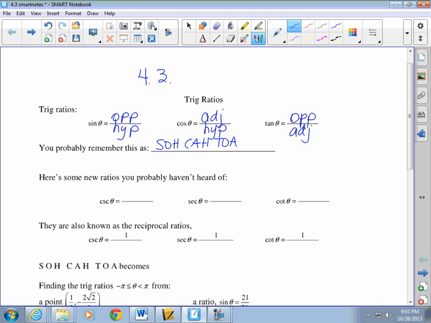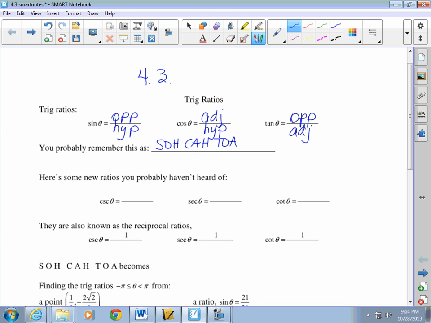Some new ratios, and I'm trying to recall them. I think in Pre-Calc 20 we did a little bit with the reciprocal functions. So the reciprocals are just basically the flip, right? If you think of a reciprocal in math, it's always flipping your value.